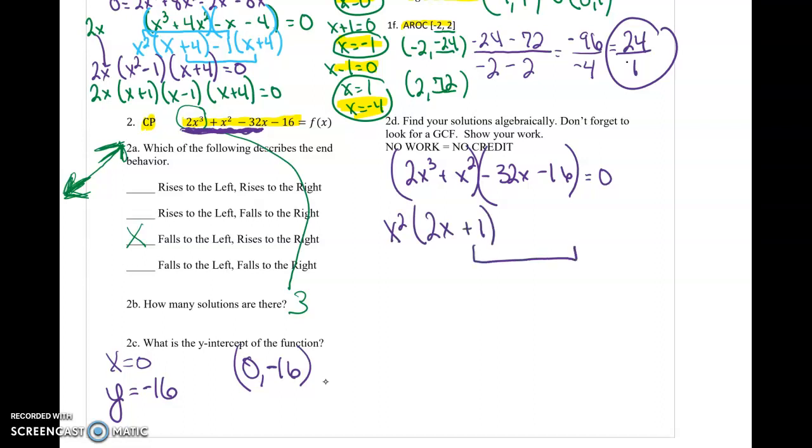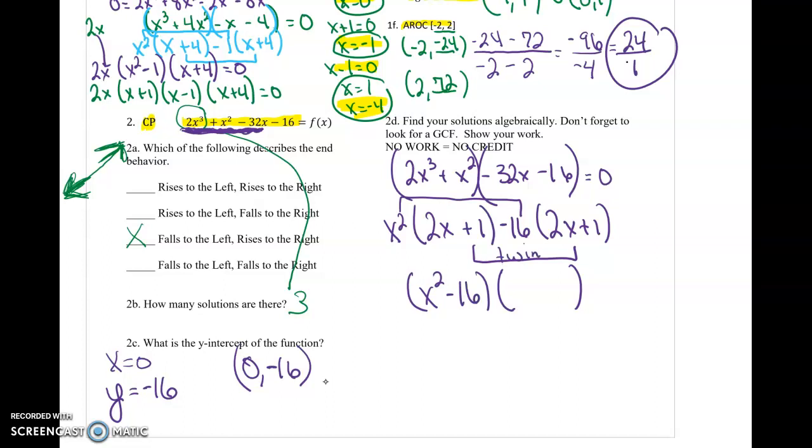So for my twin over here, I need another 2x plus 1, which means I need to take out a very specific GCF. That would be a -16. So remember, factors come in pairs. My GCF is 1. What's my twin, let me write that there, is the other.